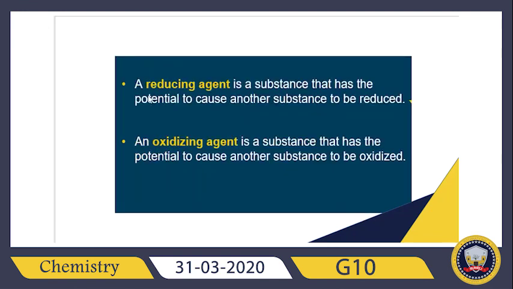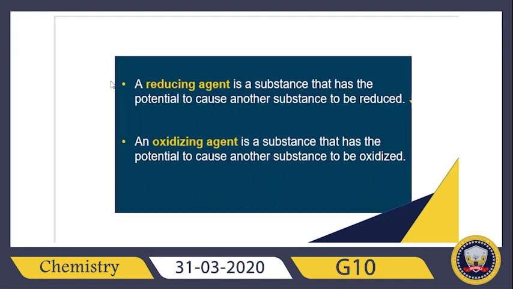So guys, what do we mean by a reducing agent? Again, a reducing agent is a substance that has the potential to cause another substance to be reduced, while an oxidizing agent is a substance that has the potential to cause another substance to be oxidized.